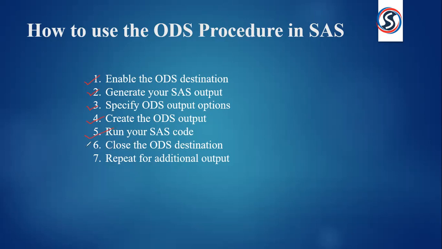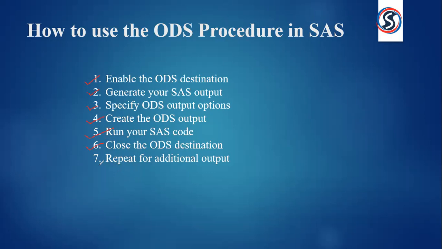Next, close the ODS destination. Whenever we open an ODS statement, we need to close it also. After generating the output, we will close the ODS destination to finalize the file.